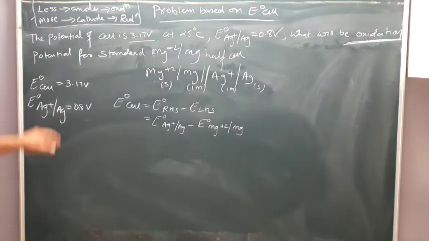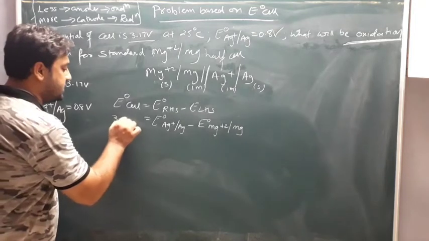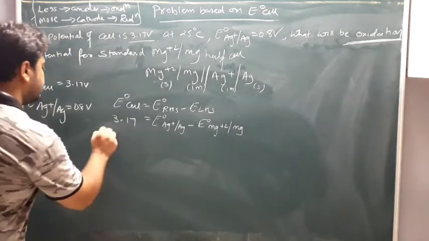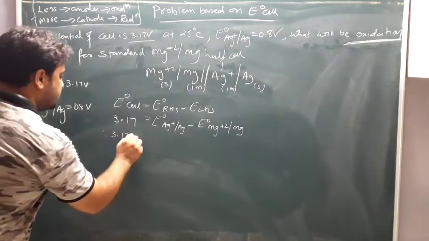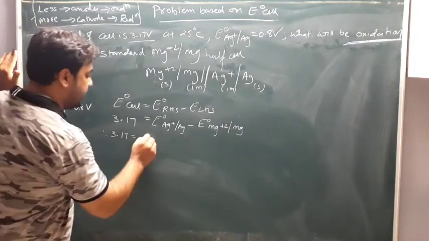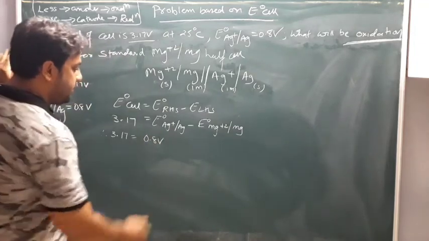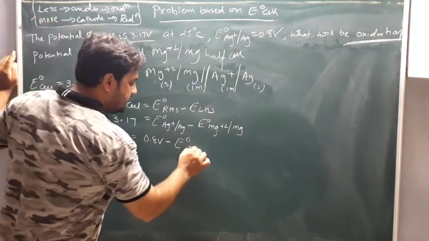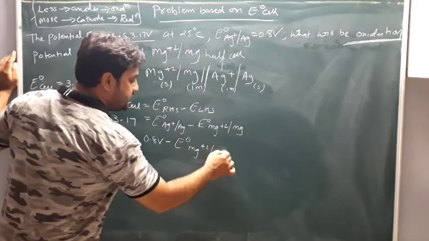Clear? Now you see here the potential of the cell is 3.17. So here this answer will be 3.17. Therefore 3.17 equals E0 Ag plus slash Ag, the value given is 0.8 volt, minus E0 Mg plus 2 slash Mg.